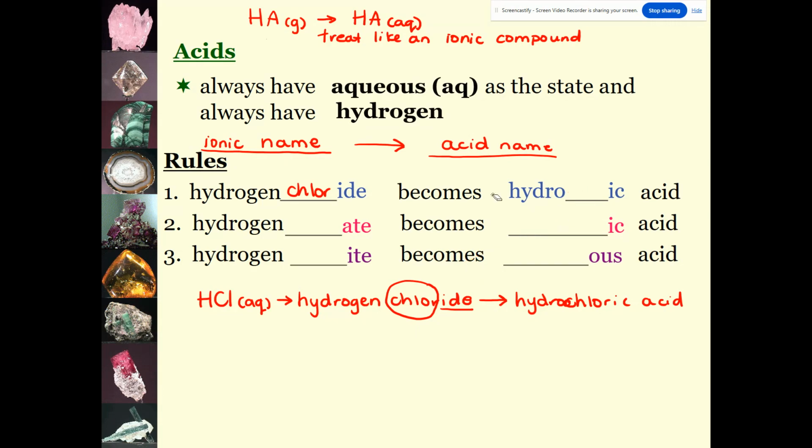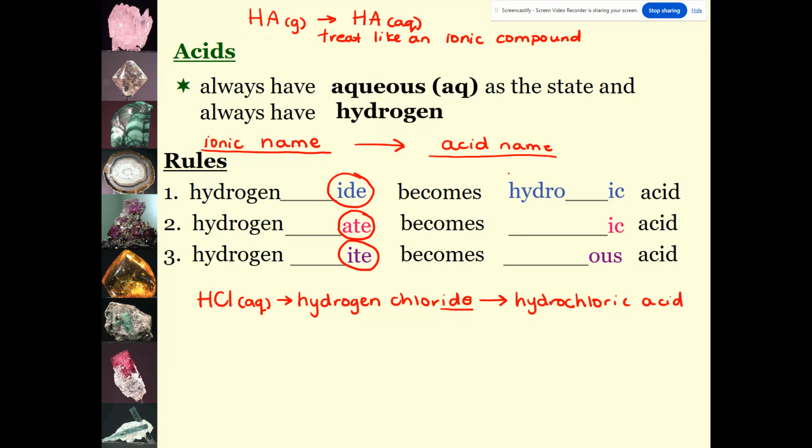So you're again using this chart depending on what the ending of the compound name is. Does it end in "ide," which all nonmetals do, and some polyatomic ions? Does it end in "ate" as a compound name, or does it end in "ite"?